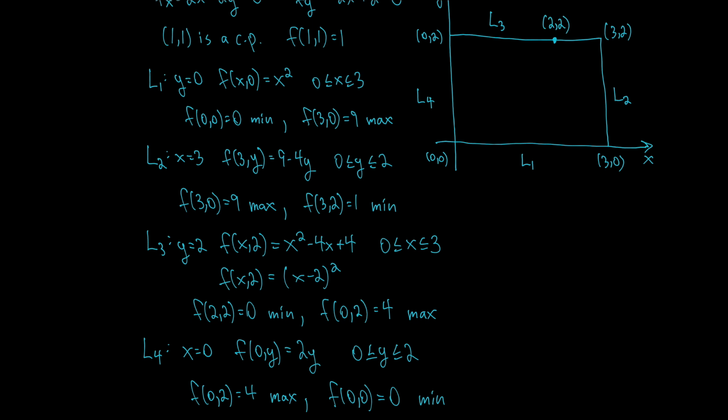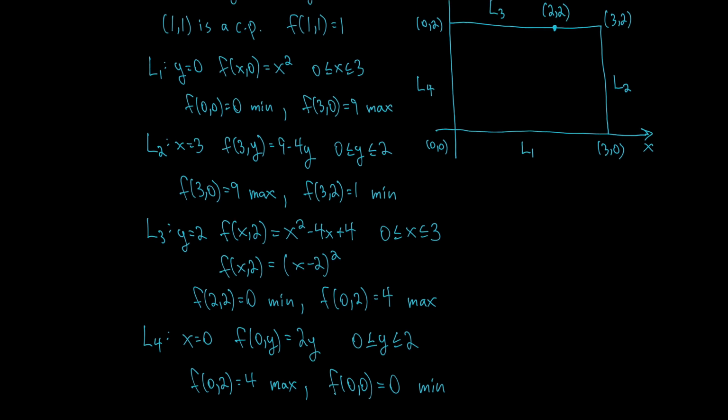So we can say that we have an absolute maximum value at 9, which happened at f(3, 0) in both of these cases.